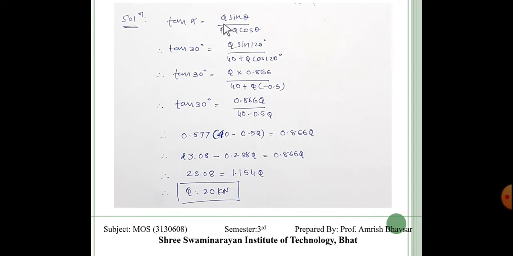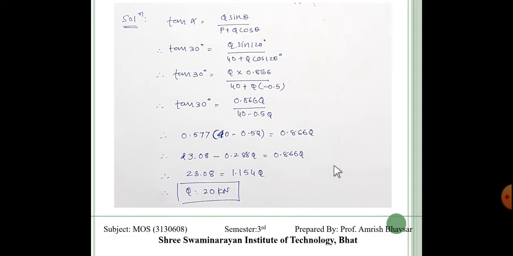So here the unknown is Q. Whenever we put all the values, we will get the unknown Q from this equation, and that is 20 kilonewton. How do we get it? We have the value of tan 30, we have sin 120, we have cos 120 and the value of P. So put the values and we will get the answer of Q from this equation of alpha.